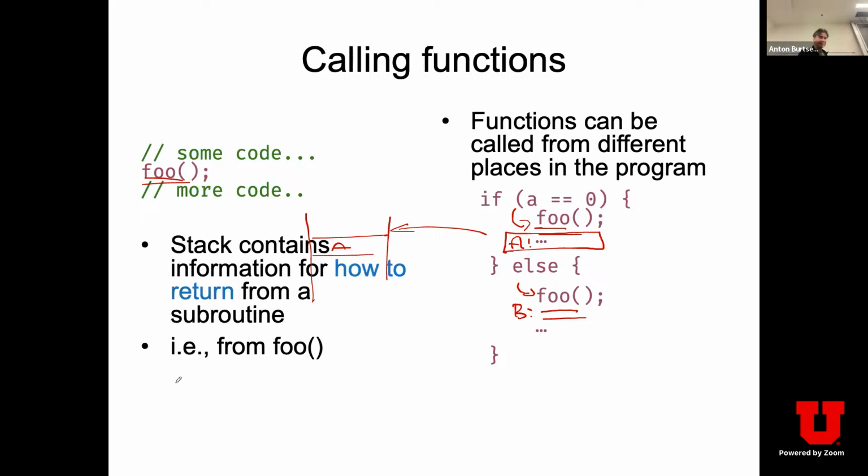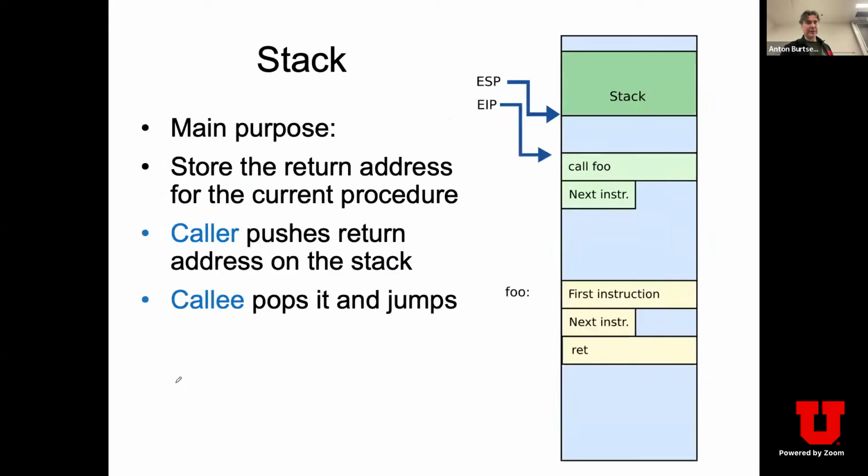But as you say, there are some additional things we have to remember. So again, the way it works is that when you call a function foo, this saves the address of the next instruction on the stack, right?